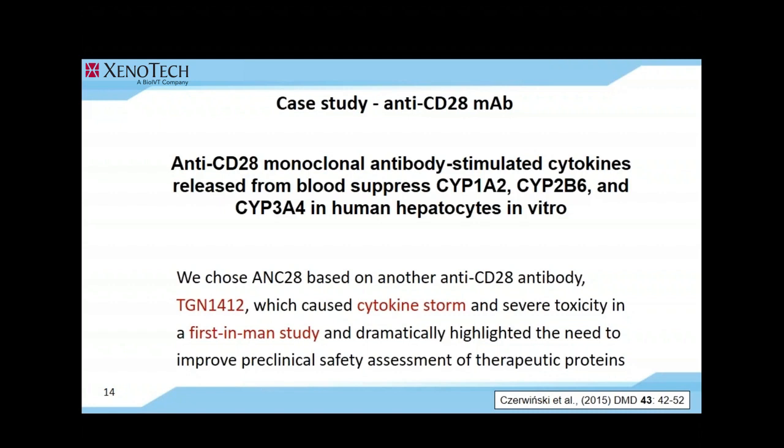Six volunteers became sick as a result of the cytokine storm. This trial initiated extensive examination of steps that were in place to assure the safety of the volunteers, but failed at that time. We wanted to evaluate the TGN-1412 antibody itself, but it was not available to us.